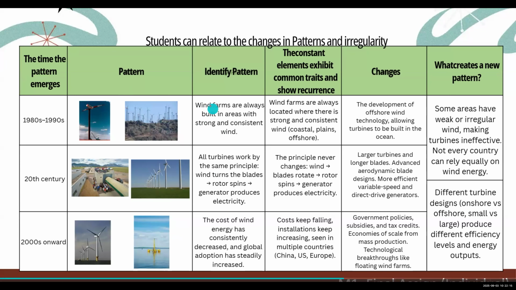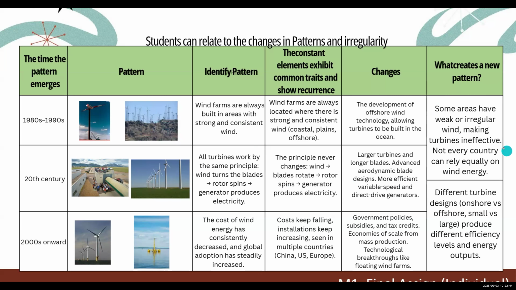In the first pattern, wind farms are always built in an area with stronger and consistent wind, and the change is about the development of offshore wind technology, allowing turbines to be built in the ocean or on islands instead of only on high mountains or fields.